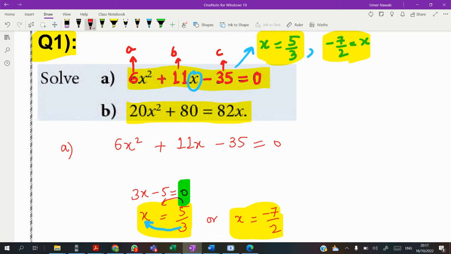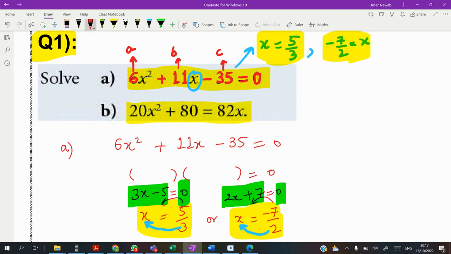Same thing, you do it here. The 2 goes to this side, it becomes 2x, and then minus 7 will be shifted to the left, it becomes plus 7 equal to 0. Now I got two expressions on the left hand side and 0 on the right hand side. Now it is ready to write the two factors.